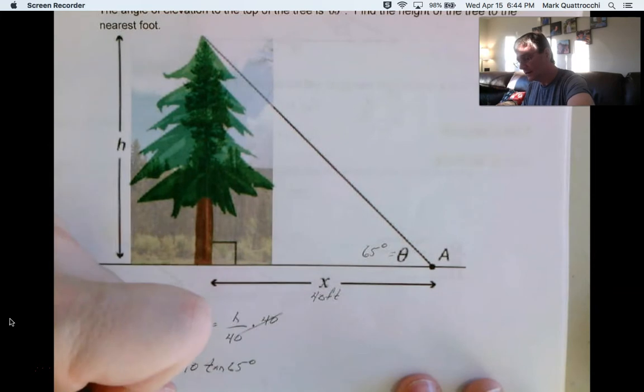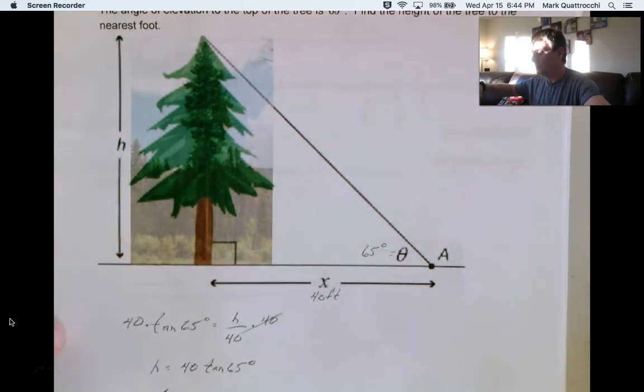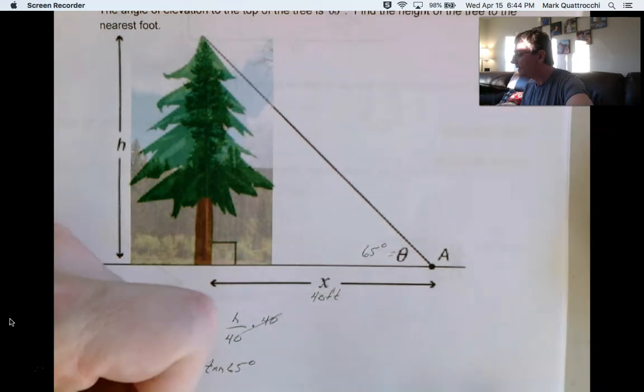Hopefully at this point you're good at using your calculators. We're going to round this to the nearest foot. Rounded to the nearest foot, I get 85.78, which means that this is an 86-foot tree.